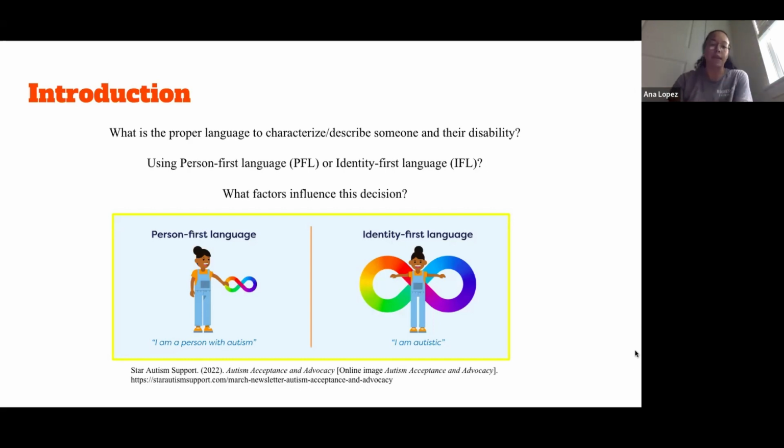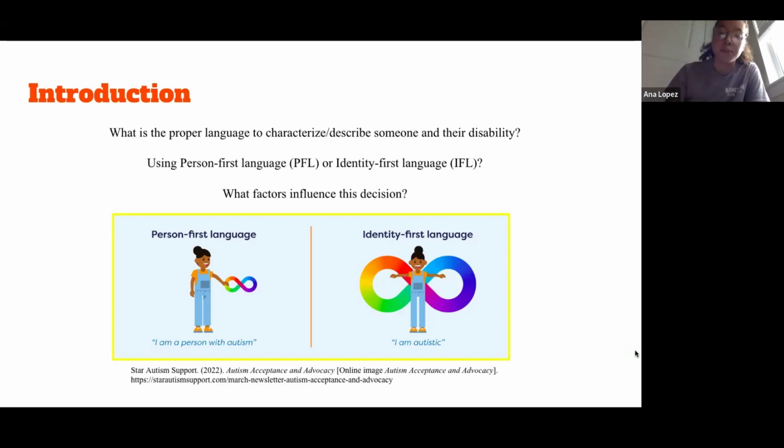Individuals advocating for identity first language believe that its use is not offensive, but rather increases feelings of autonomy and emphasizes autism as an inseparable identity from the self.